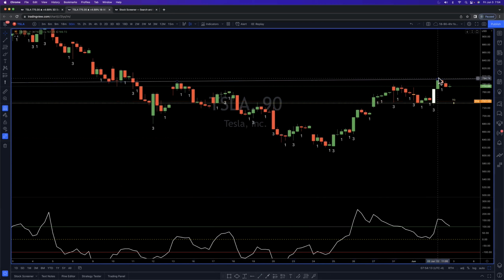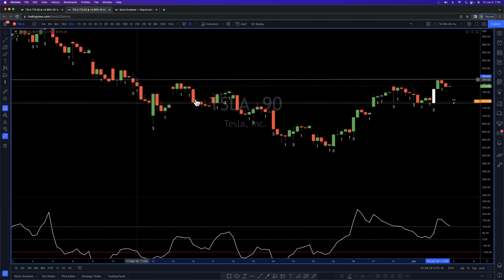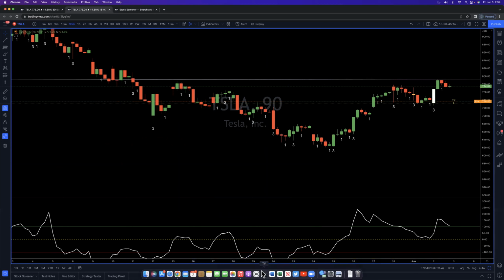So we're going to draw this from the high of this bar to the next highest bar inside this range. Let's see, what is this? 791.53. So basically we're saying it's got to take the high.